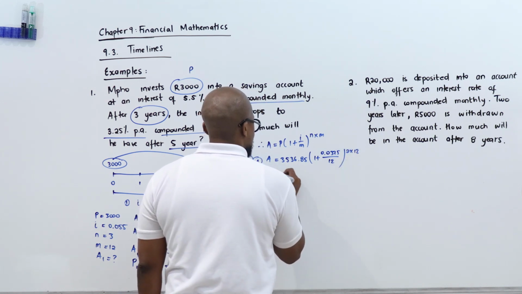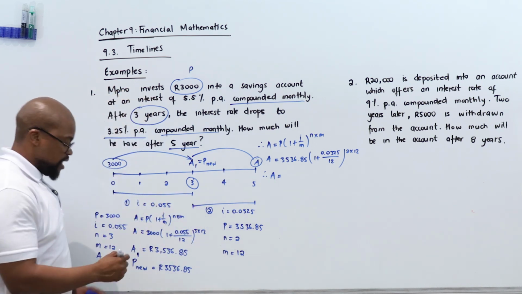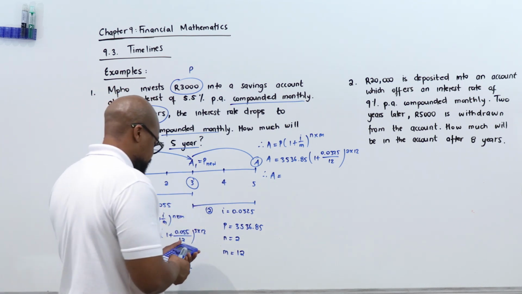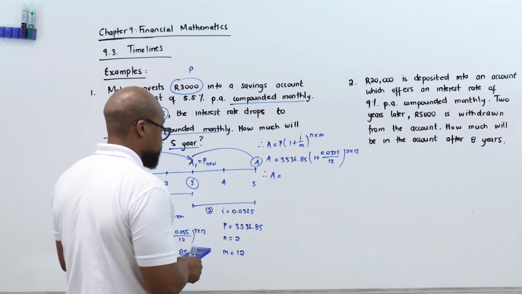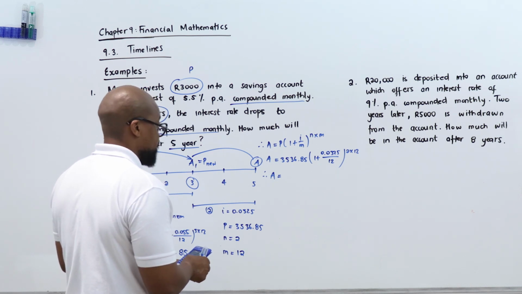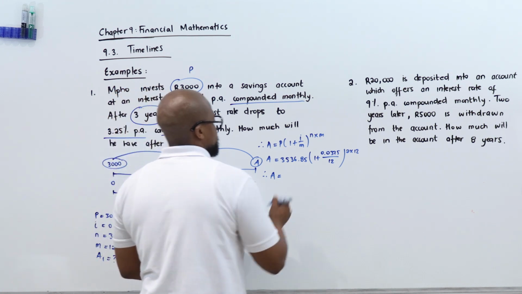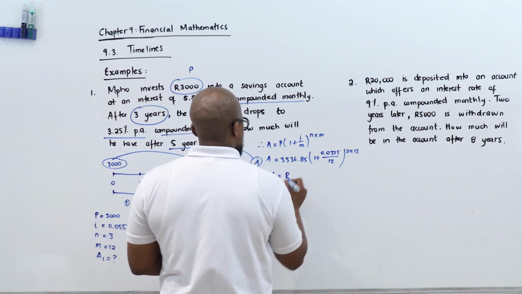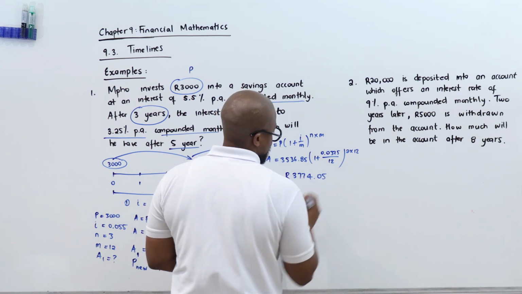So therefore, after 5 years, with the interest change taken into account, our investment is going to be, let's see, 3,536.85 times (1 plus 0.0325 divided by 12) all raised to the power of 2 multiplied by 12. And that's going to be, so it means that after 5 years, she'll then have 3,774.05 in her account. Okay.